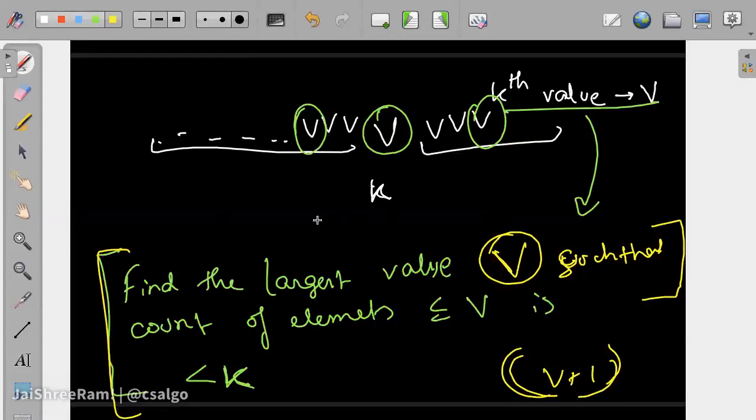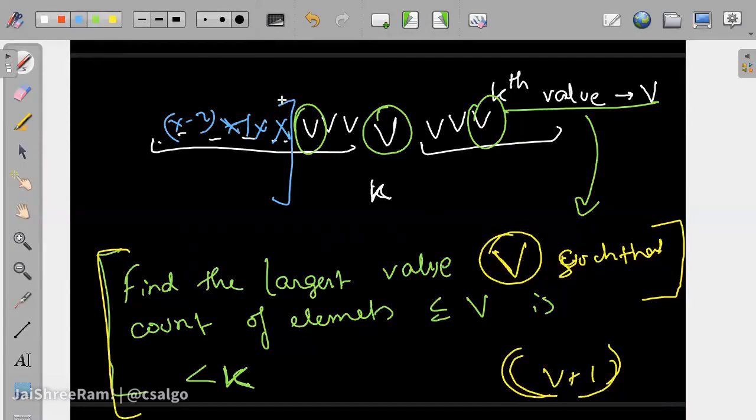Less than equal to v, because understand, right, what are we doing over here? This v is not the same as this v, but what we are trying to find is what is the element, let's suppose this value is x. So there is x minus 1 over here, x minus 2 over here, something like this. These are smaller elements.